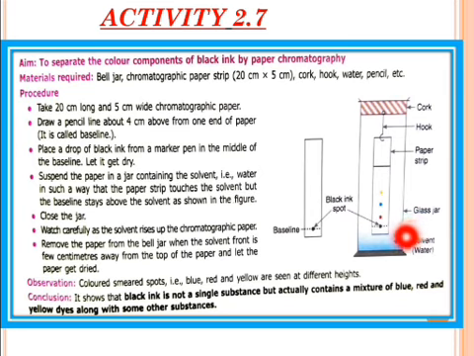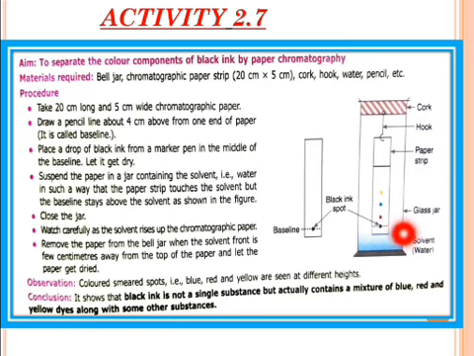Watch it carefully as the solvent, that is water, rises up this filter paper which is taken as a chromatographic paper. Remove the paper from the bell jar when the solvent front is a few centimeter away from the top of the paper, and let the paper get dried. What do we observe?